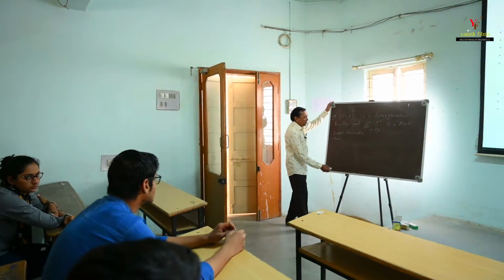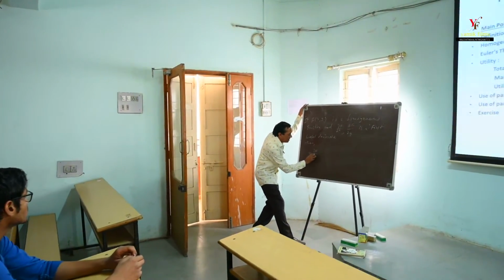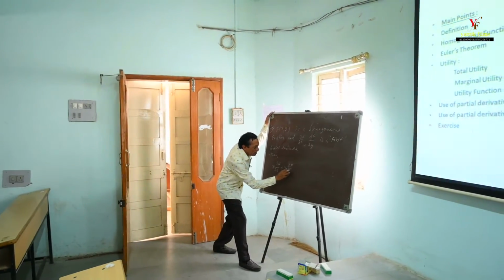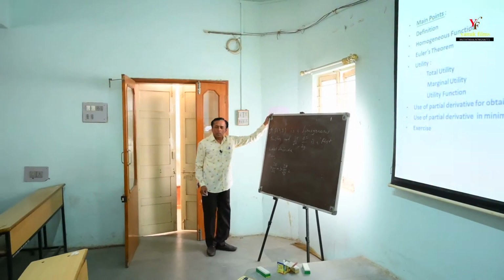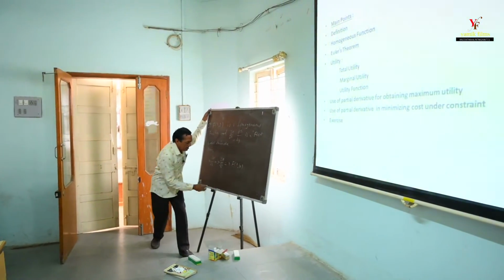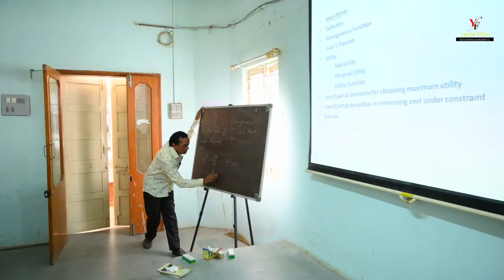Then Euler's theorem is x into delta f by delta x plus y into delta f by delta y.